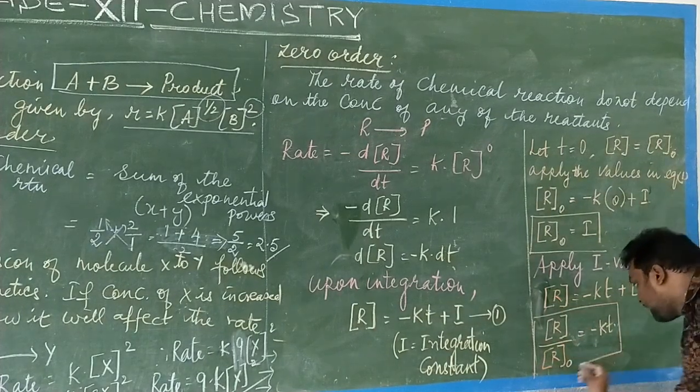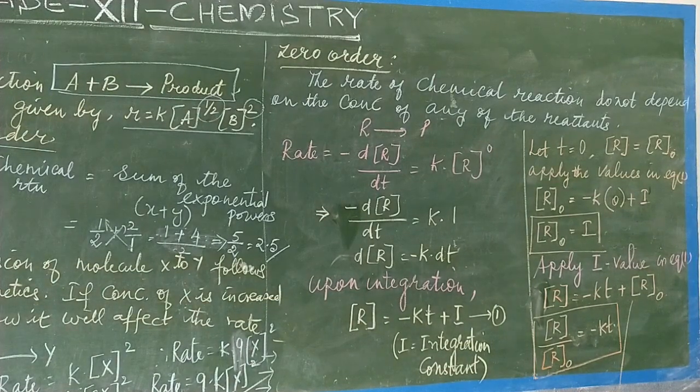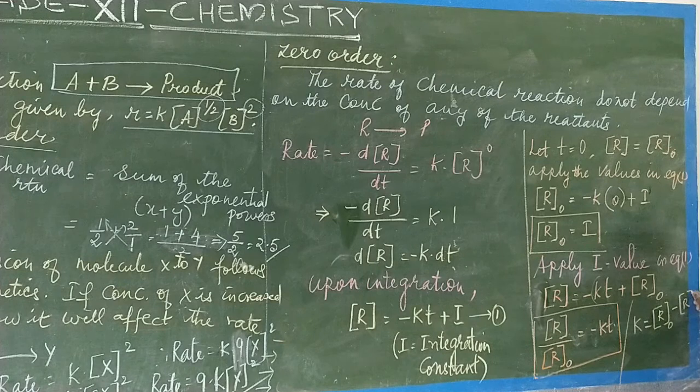Or otherwise, I have to find out the value of K. So K will be equal to concentration of R naught minus concentration of R, the whole divided by T. Bringing K to the LHS, this becomes 1 by T into concentration of R naught minus concentration of R. So this is the overall expression for zero order kinetics.